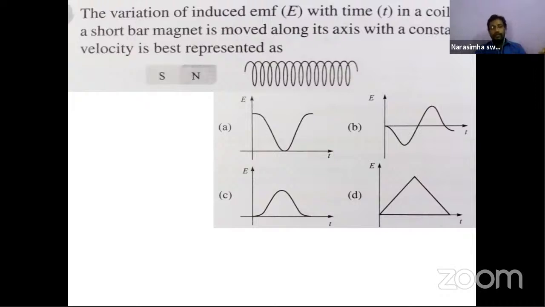This is the problem. I hope you understood, right? While the magnet is going through the axis of the solenoid, how does the induced EMF change? Observe the diagram and the options. Now I will proceed to the solution.